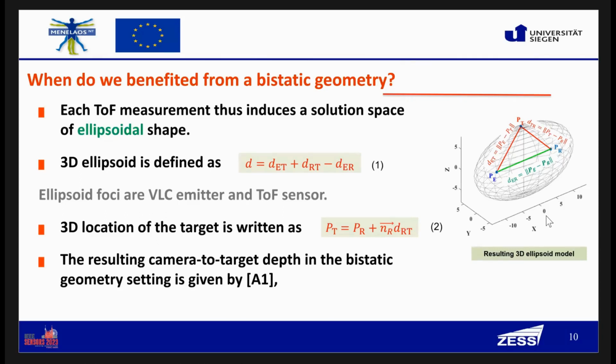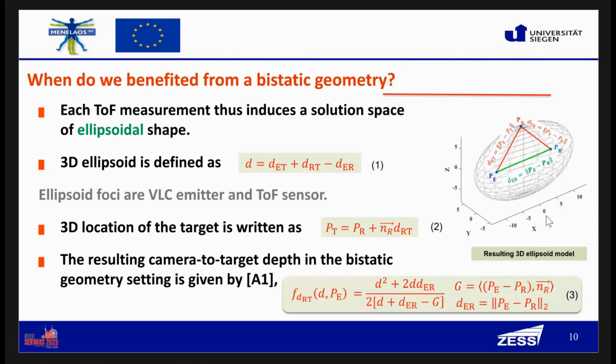So we try to localize the 3D position of the target. This is basically a bistatic algorithm. You can see the details in our paper, which is a complete derivation based on this formulation.